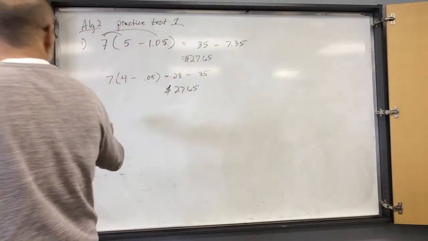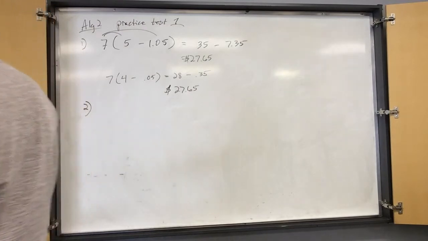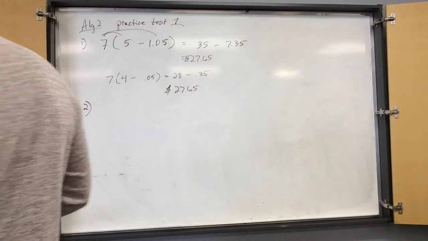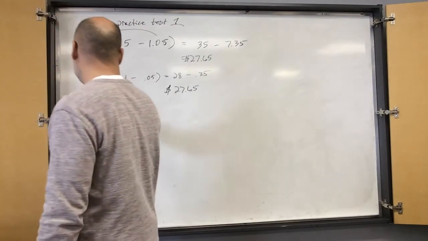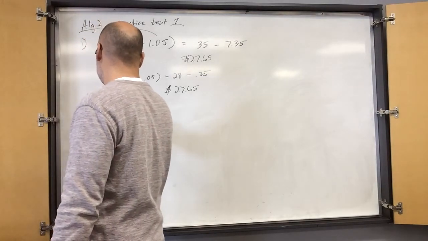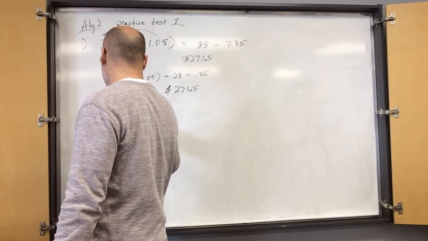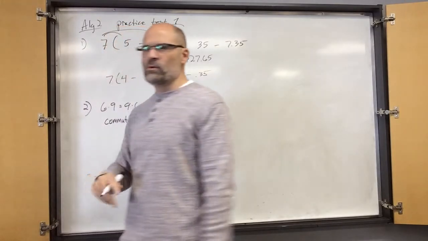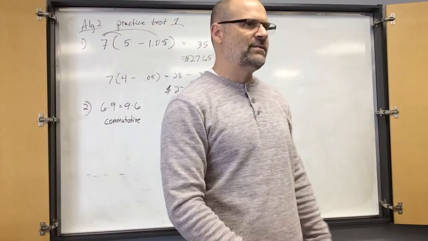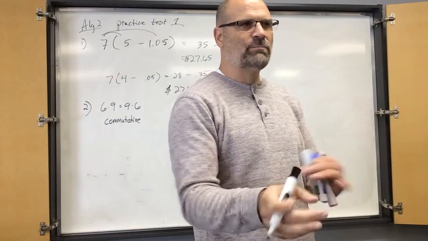Whatever. Number 2. Identify which property of real numbers is being demonstrated. What is that? Commutative. That's right. If you see 3 or more things being multiplied or added with parentheses in different places, what property is that?